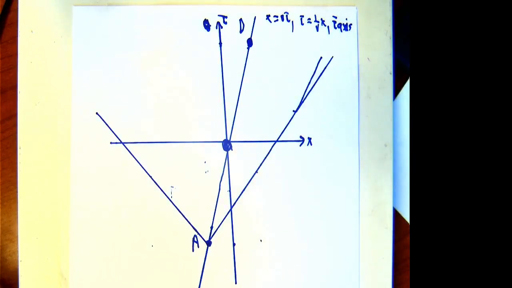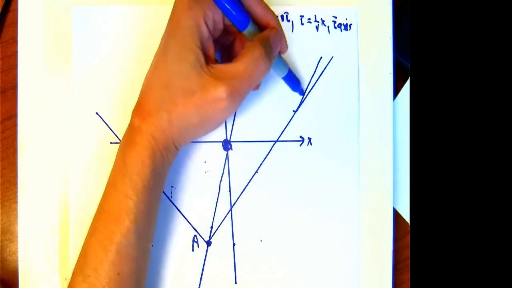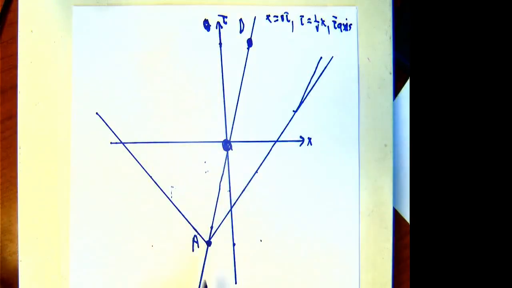I had a minor drawing error, so ignore this part. Starting at A, a light ray goes towards the right at a 45-degree angle with respect to the time axis from point A. Another goes off to the left. Now, on the other hand, the light rays have to be received at D also, so I'm going to draw in another couple of straight lines representing that situation.